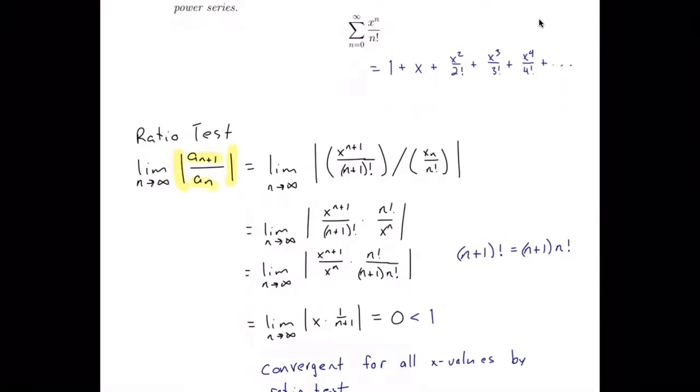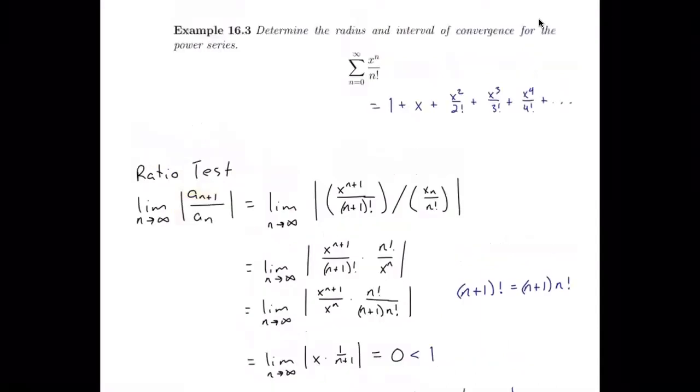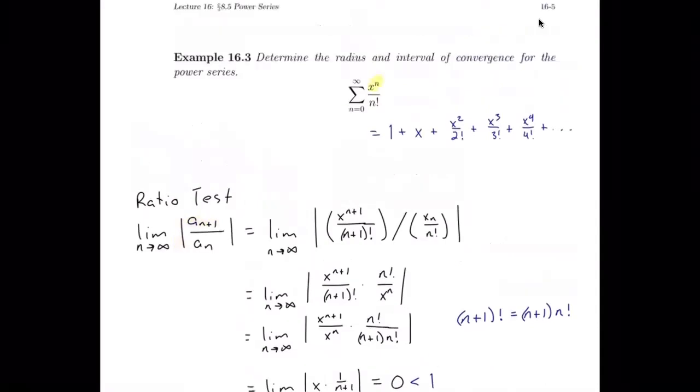Remember that the game there is to swap everywhere we see an n in the series, x to the n and n factorial, with n plus 1 and n plus 1 factorial. Okay, and then we divide that a sub n plus 1 term by the a sub n term, which is usually just the general term that the series is written in.